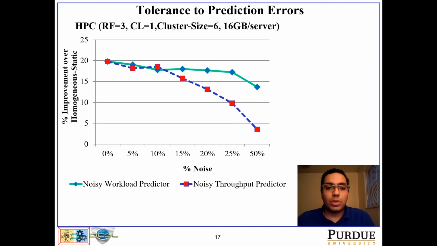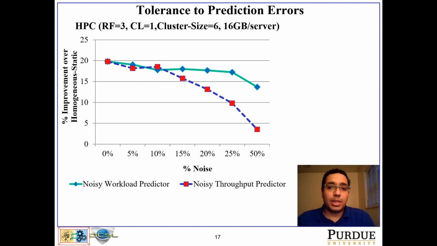We draw the noise on the x-axis and the improvement over homogeneous static on the y-axis. The percentage of noise is represented as a uniform random variable that is added or subtracted from the output of the predictor.